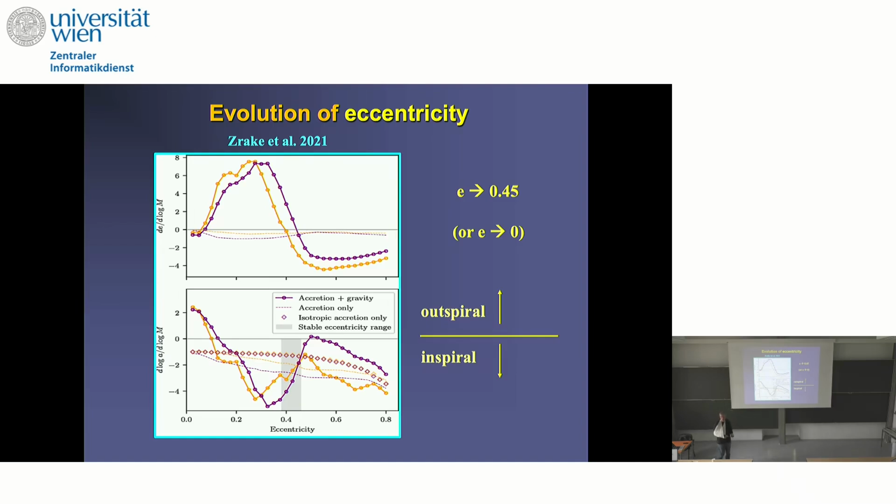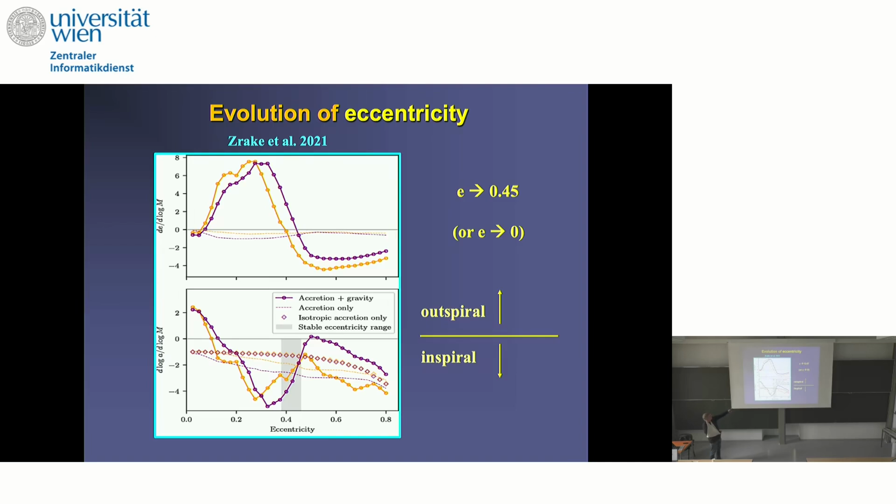So this is essentially E dot over M dot. So for every gram of mass you accrete, eccentricity is changed by dE. And this is 0, so this is a circular binary. This is 0.85, this is a very eccentric binary.